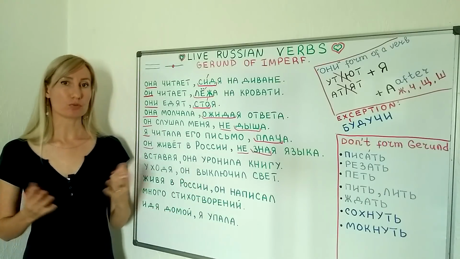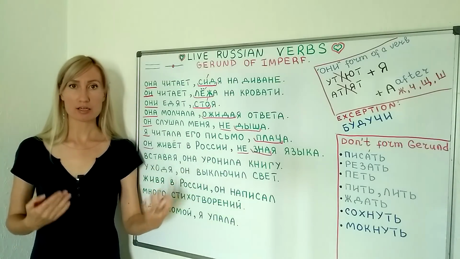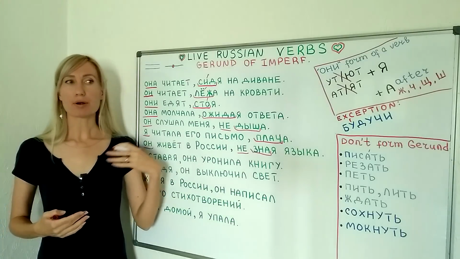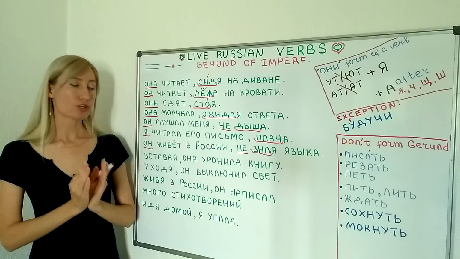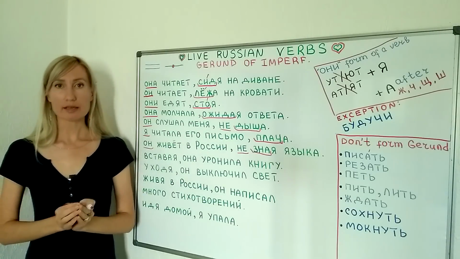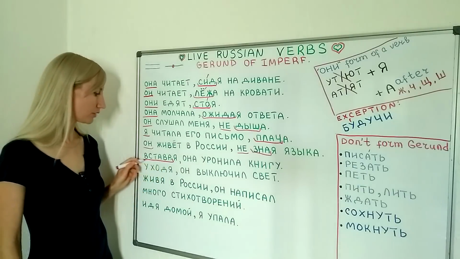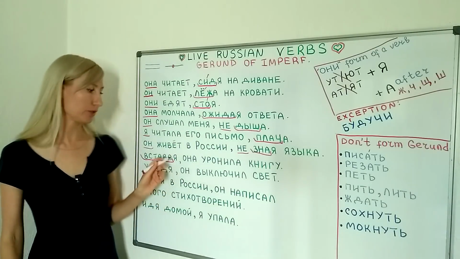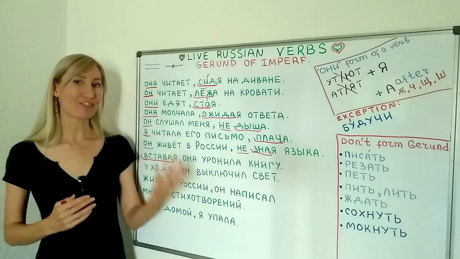And here there is one more exception, verbs that end with авать: вставать, продавать, передавать. They form gerund the following way. We take infinitive вставать, we remove т, and we are left with встава, and we add я. Вставая, продавая, передавая.